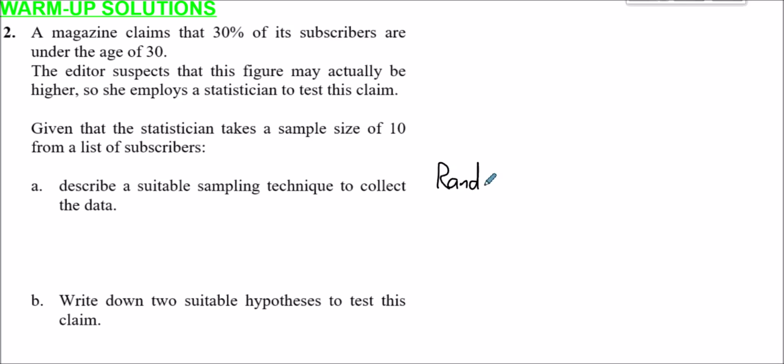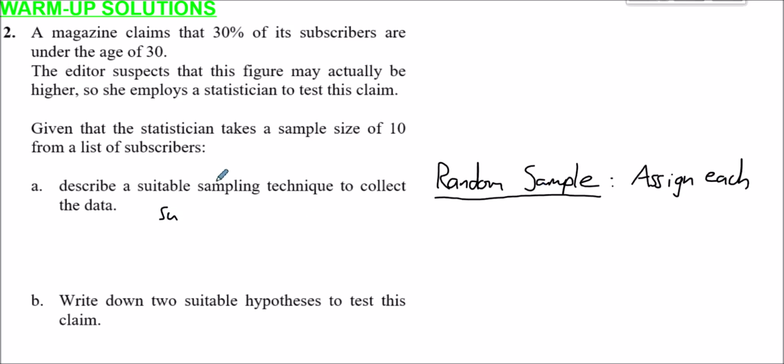I'm going to explain one method which could give us a random sample. What we could do is assign each subscriber in this list a number. It does mention a list, there.